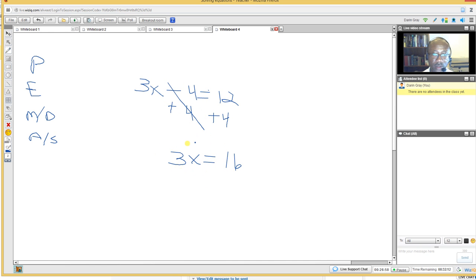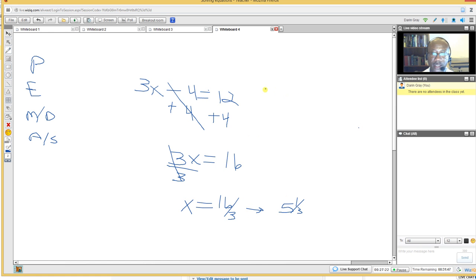We have one term on this side, a coefficient and a variable. We divide both sides by 3, that cancels, and we end up with 16 over 3. Now you can turn this into a mixed number if you like. 3 goes into 16 5 times with a remainder of 1, giving us 5 1/3. Either of these answers are acceptable.